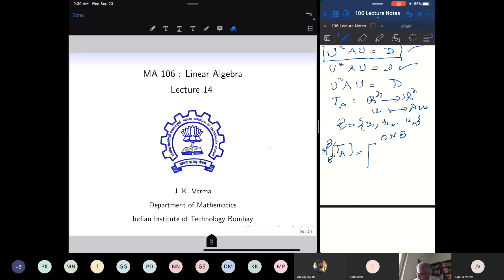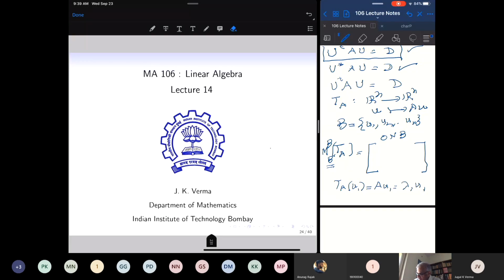Well, this is going to be an n by n matrix. And how do I get the first column vector? Well, I apply T_A on the first basis vector and take its image, that is Au1, but Au1 is lambda 1 u1.